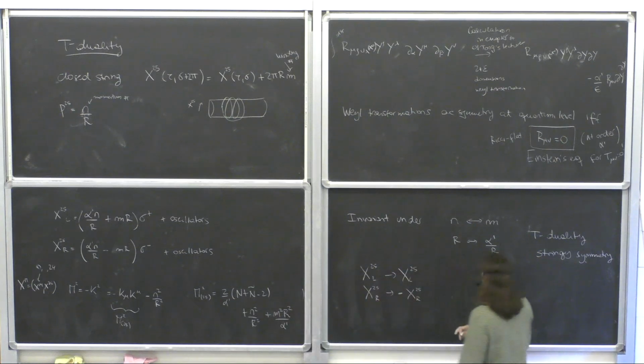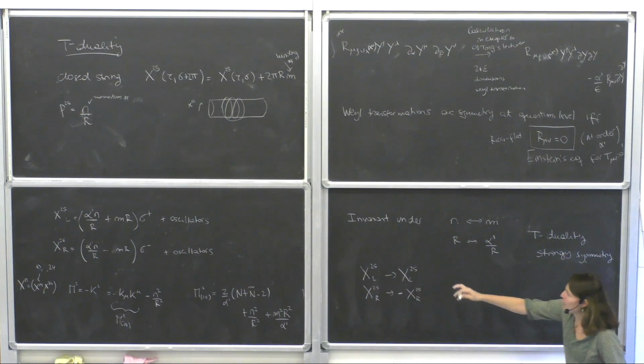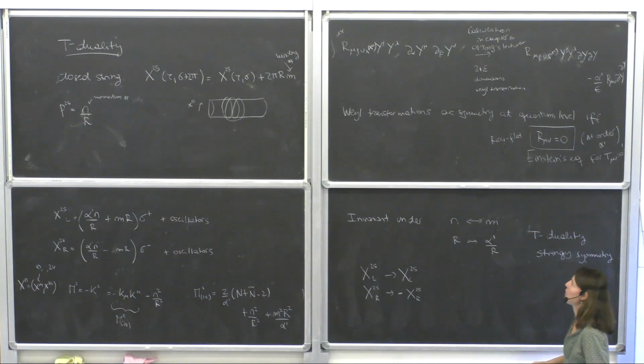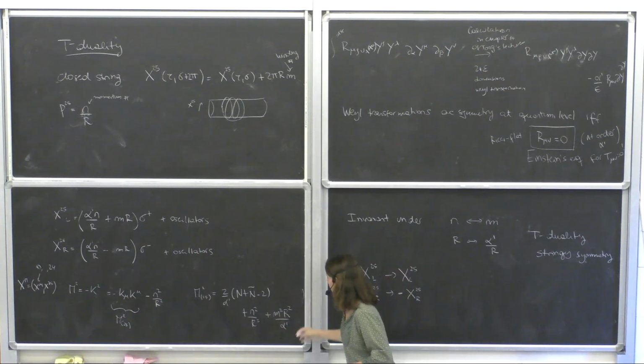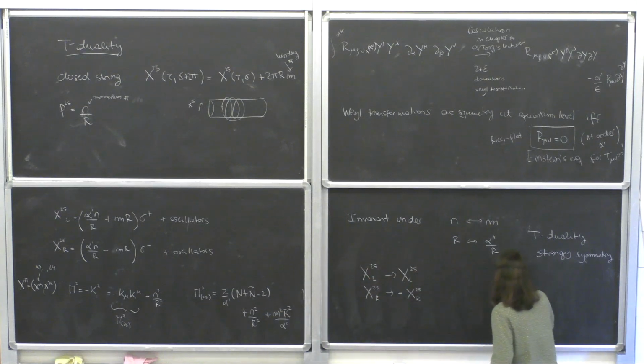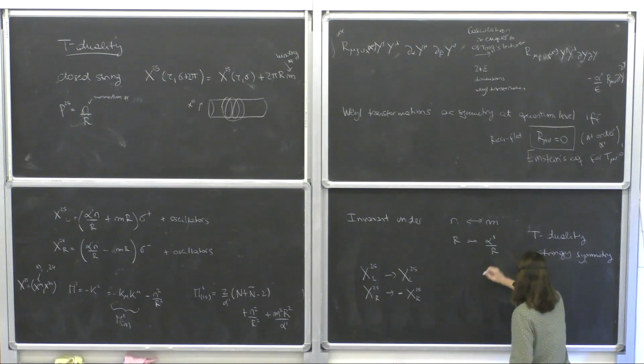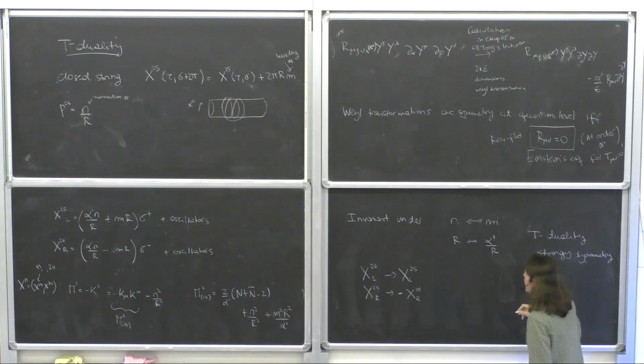If you put these boundary conditions, the level matching condition, because L0 and L0 tilde change, L0 minus L0 tilde, the level matching condition is n minus n tilde equals nm.